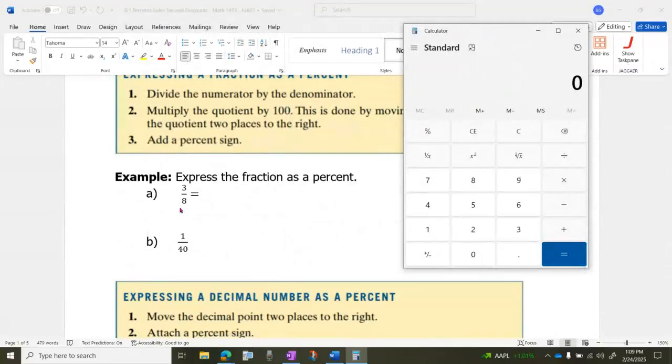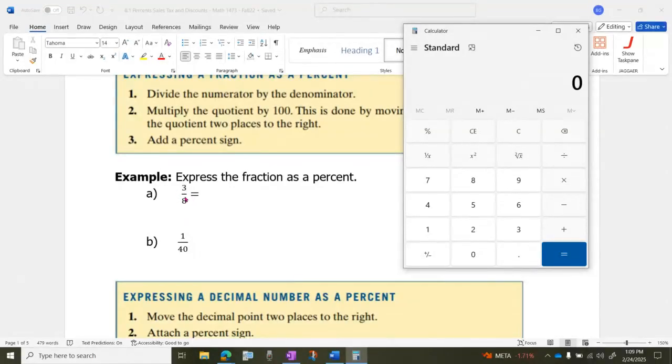We go from fraction to decimal, and then from decimal to percent. That's the order. In general, if you need to convert a fraction to its equivalent percent, you have to convert the fraction to a decimal first. Let me show you.